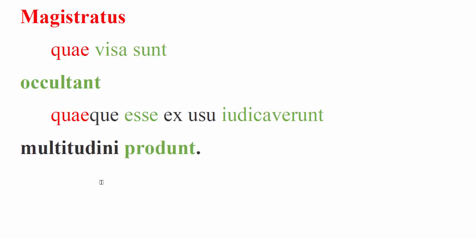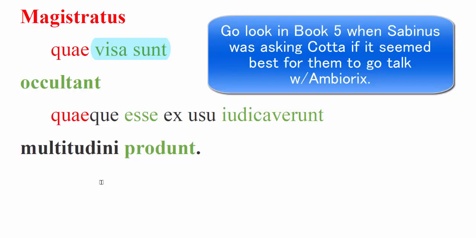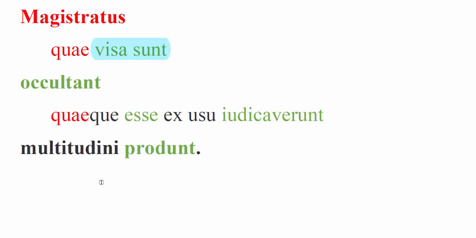Well, they do a bunch of things. The magistrates will conceal things which seem, and this is something that often happens with the idea of video in the passive, to seem. We have to understand best or good, and we have seen this before. This use of videtur, just understood or implied to mean to be best.